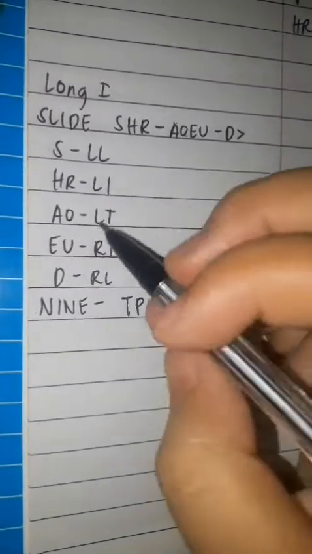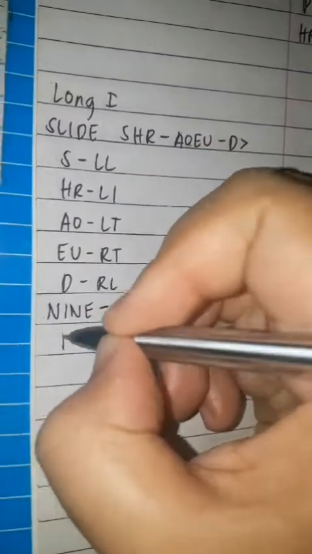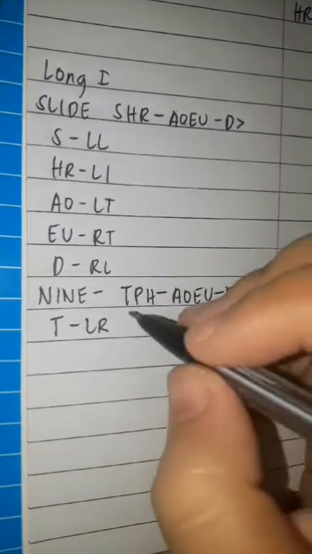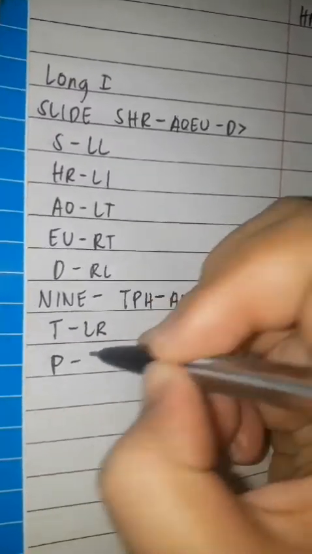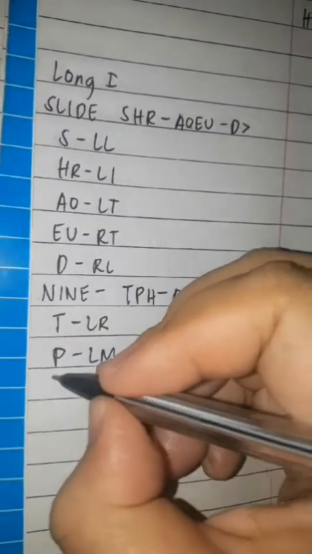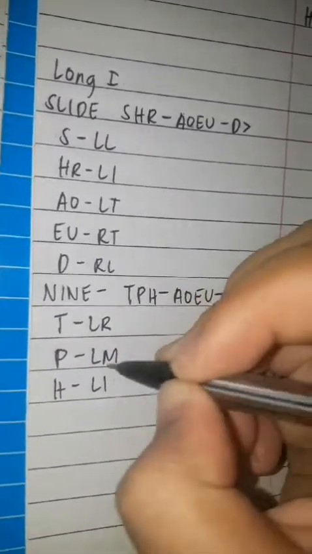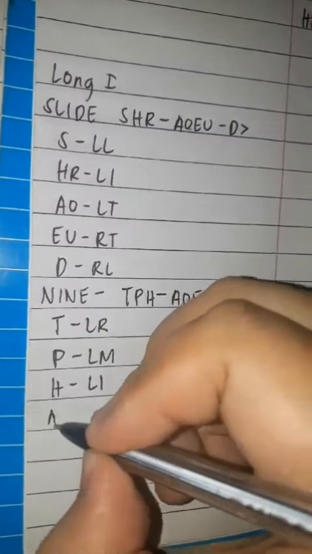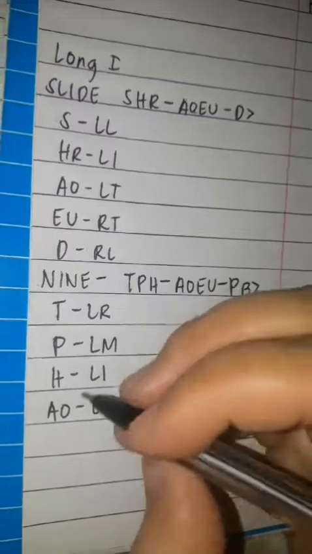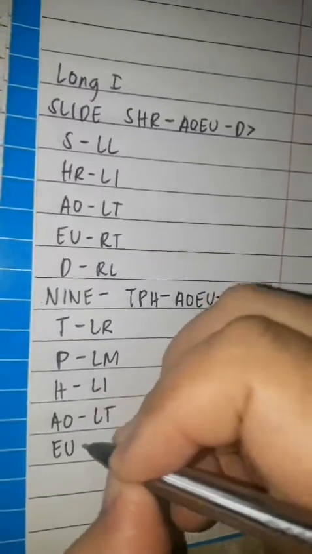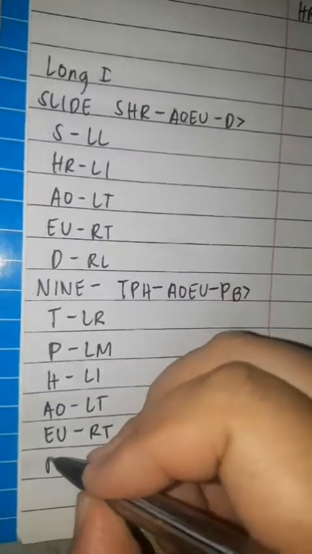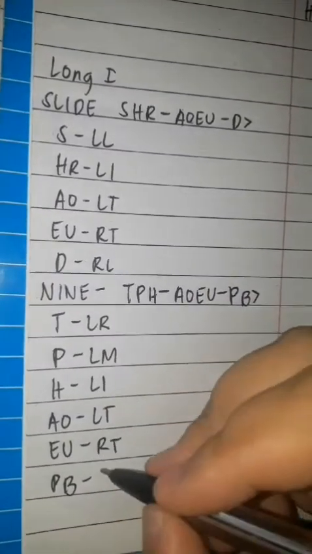So, the assigned fingers, we have T for left ring, P for left middle, H for left index, AO, we have left thumb, EU for right thumb, and PB for right middle.